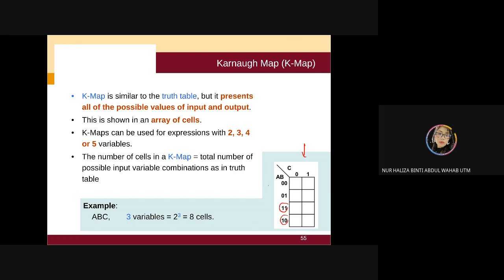Normally, you're going to write 0, 0, 0, 1, 1, 0, 1, 1, right? But using a KMAP, you need to remember this: you're going to swap these 2 places together. So your sequence will be 0, 0, 0, 1, 1, 1, 1, 0. There is a reason why you need to swap.